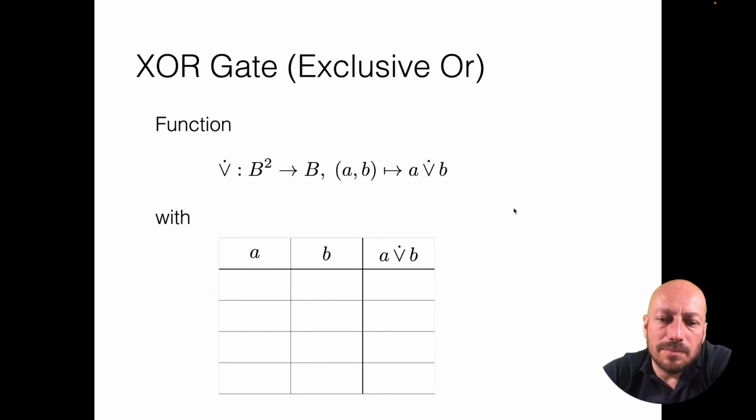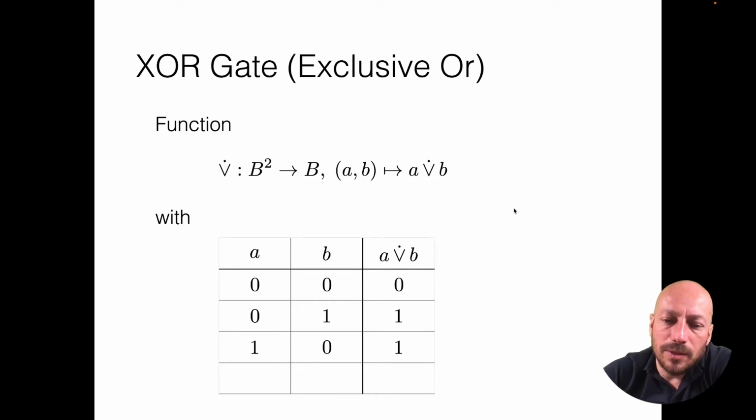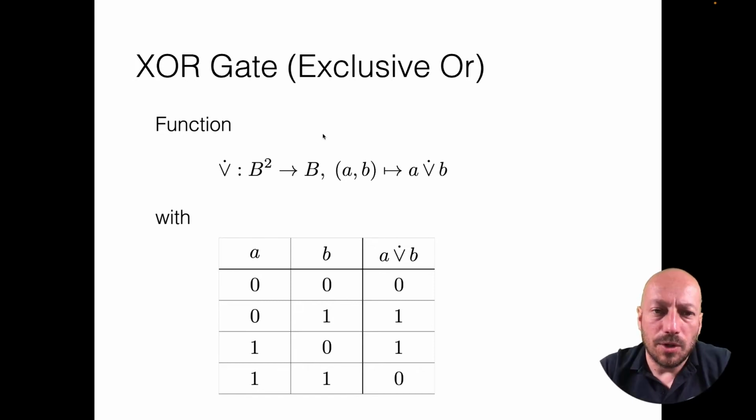And here the mapping you already saw is 0, 0 gets mapped to 0, 0, 1 and 1, 0 gets mapped to 1, and 1, 1 again gets mapped to 0. And here a formula could be a plus b minus 2 times a times b. Would do the same thing. So if the logic circuit just contains one of these logic gates, it's easy to describe it mathematically.